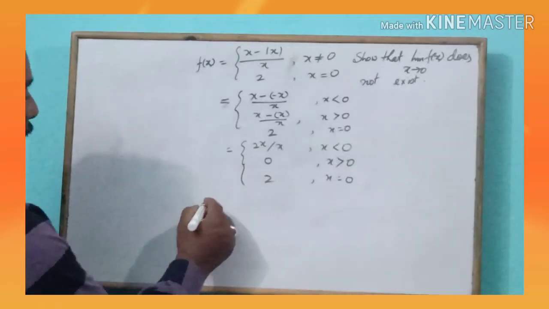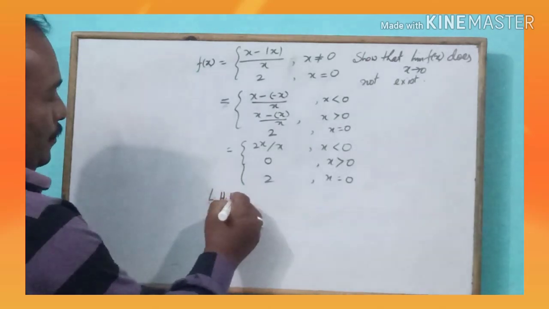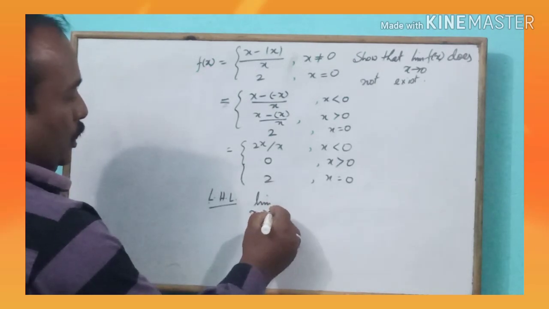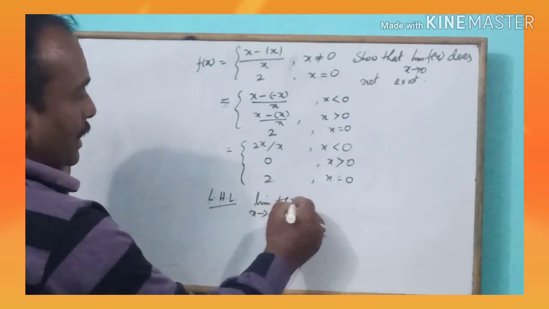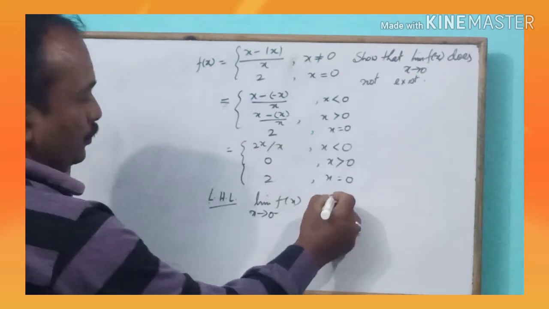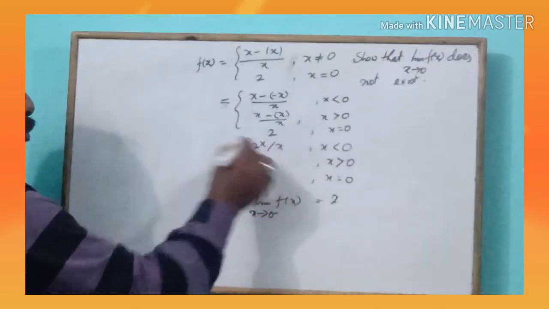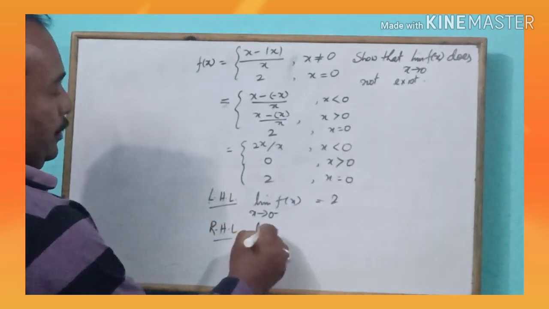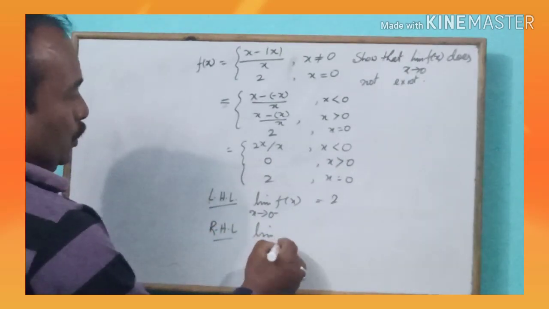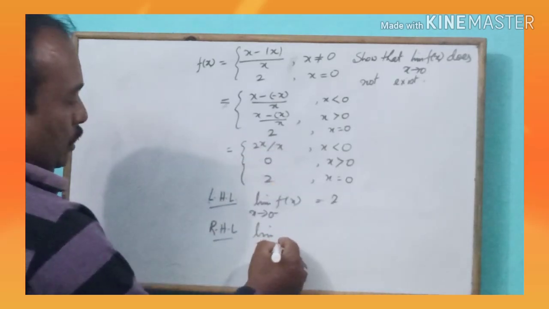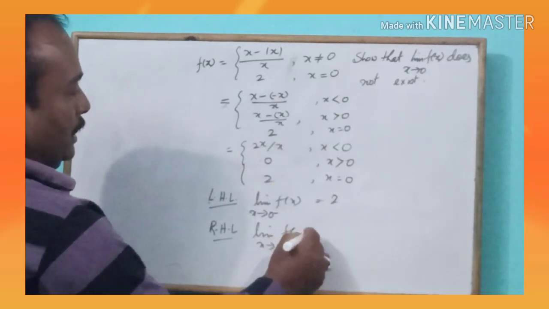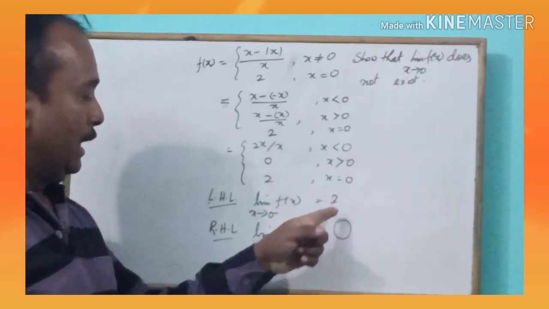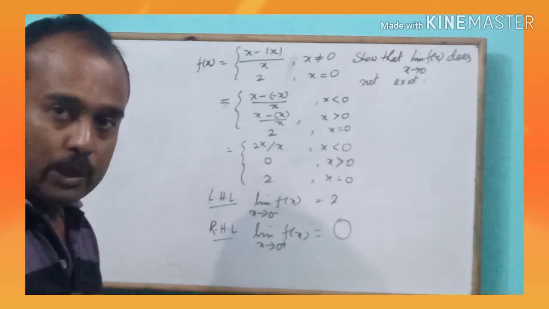This shows that the left hand limit, limit x tends to 0 minus f(x), will be 2, because for the left hand limit we put this value, and the right hand limit, limit x tends to 0 plus f(x), is 0. This shows what? LHL is not equal to RHL.